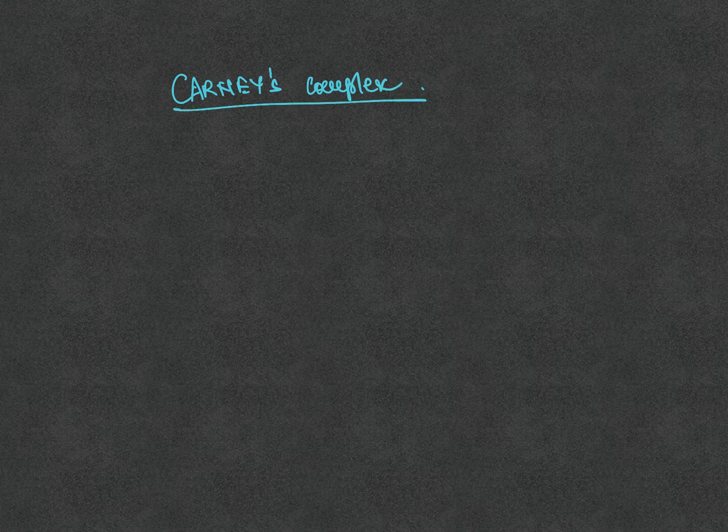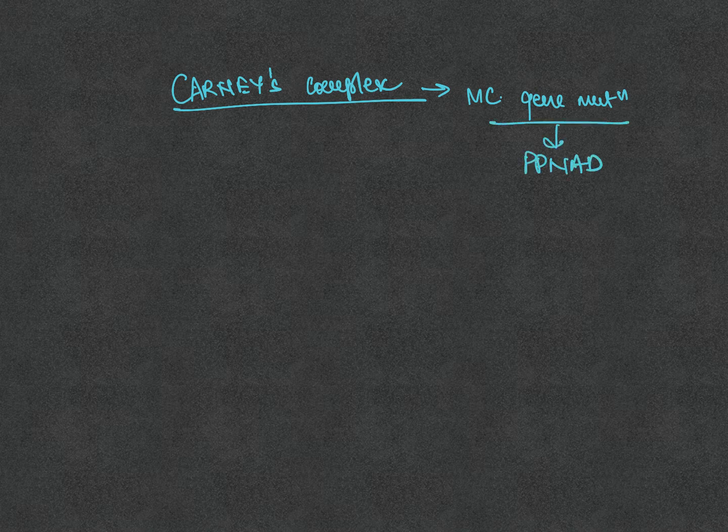While in Carney's complex, the most common gene mutation, causing PPNAD, is going to be PRKAR1A.